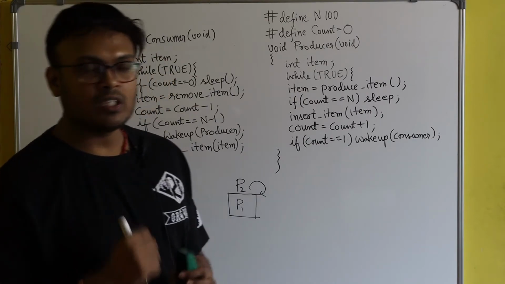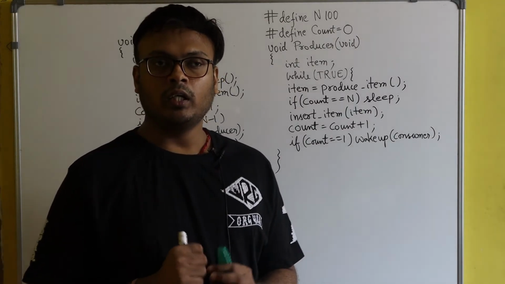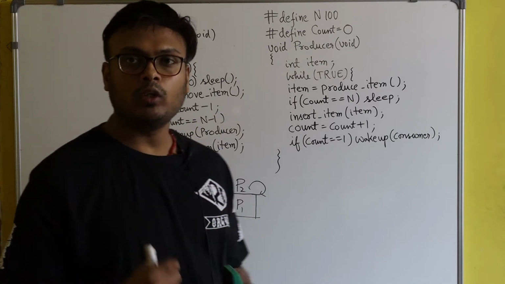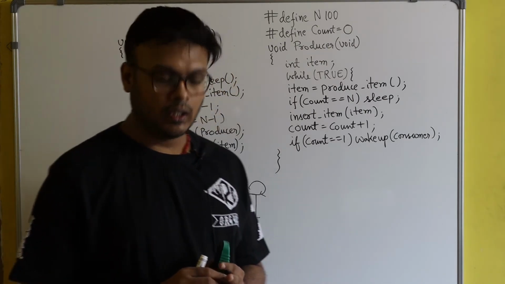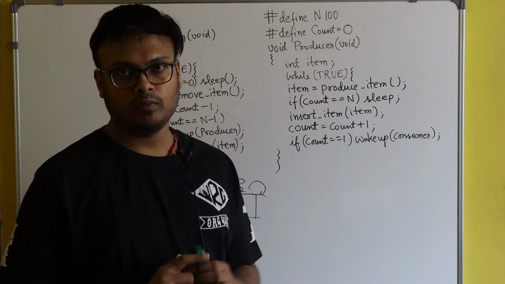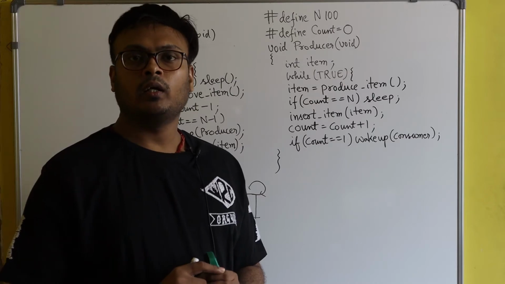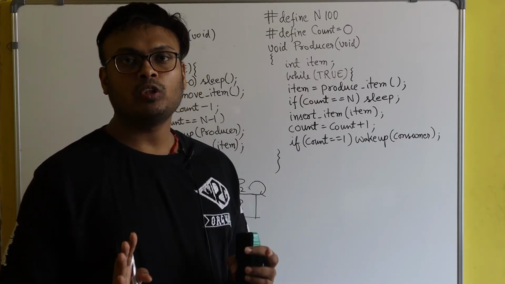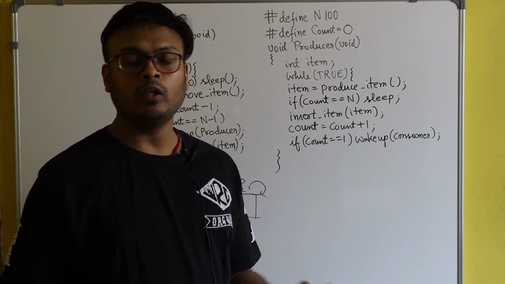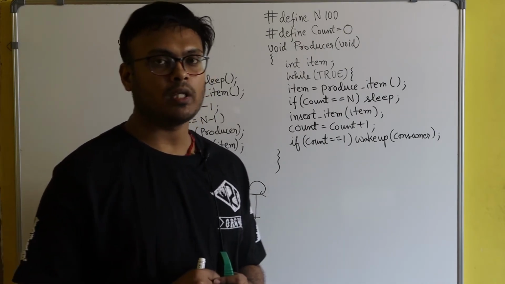So rather than wasting the CPU cycle by continuously knocking on the door of the critical section, it is better that process P2 should go and sleep. In doing so, you will not waste the CPU cycle.